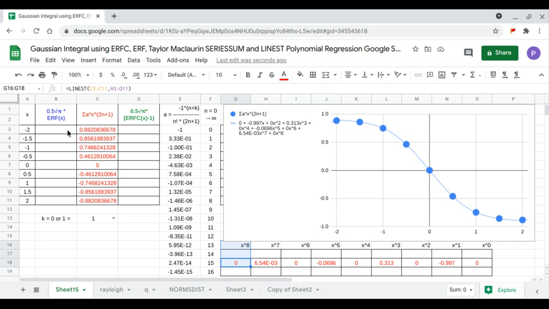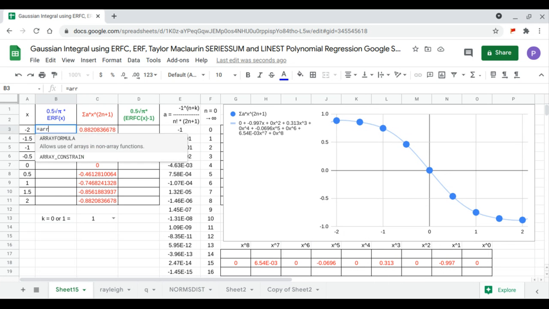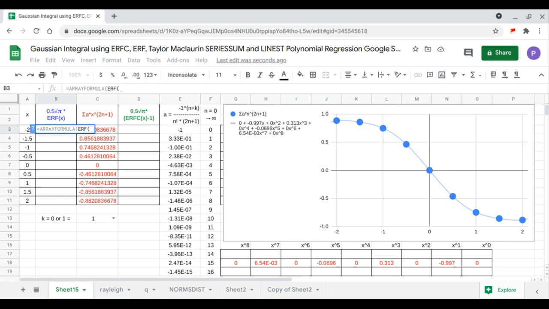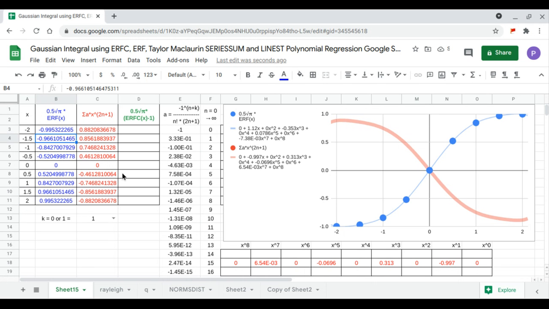Next, we continue with the error function. We begin with the error function, array formula, ERF of the x values, and multiply by square root of pi times 0.5. So that's times square root of pi, enter.